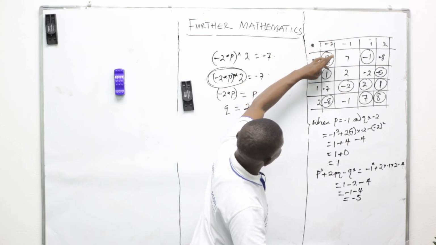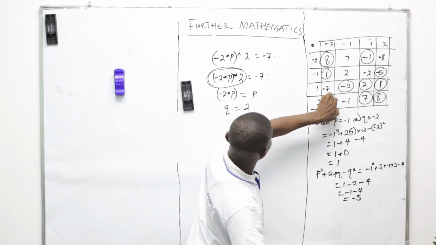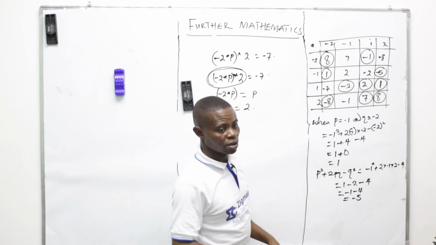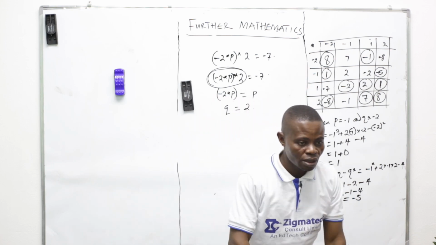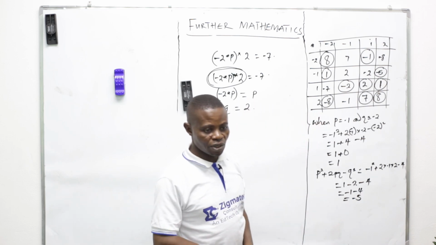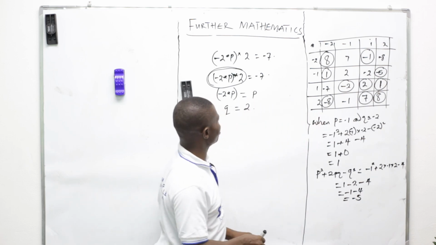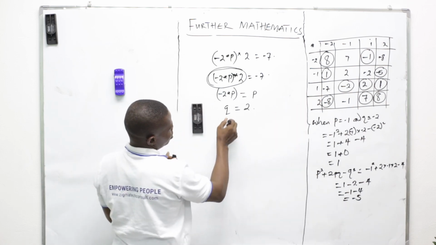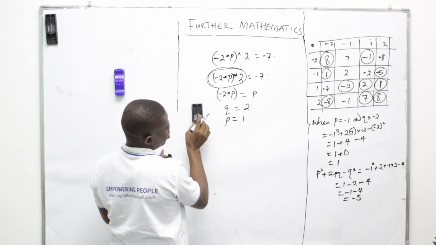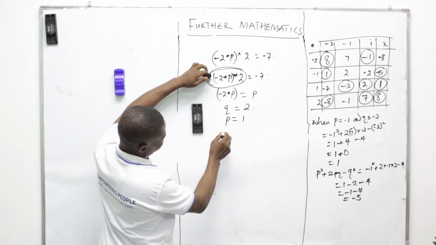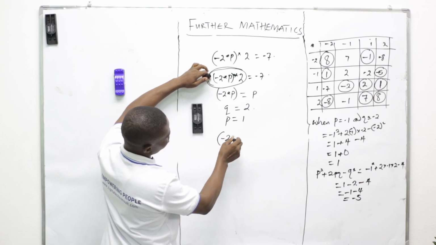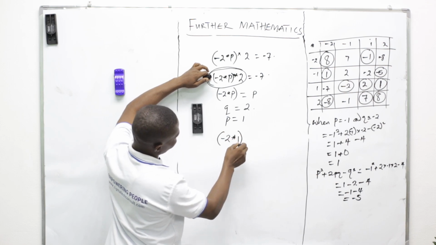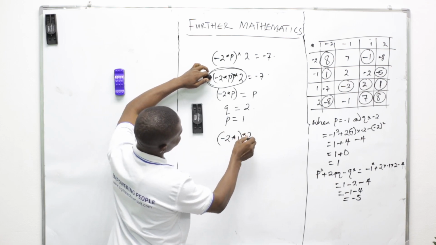Where can we see 7? This is minus 7, so trace it to the p-axis. We can see 1 there. Now find the value of p such that this is minus 7. If we trace this corner, it shows that p is 1. But don't conclude yet. Just a minus 2 operating on p, which we said is 1, then operating on 2.